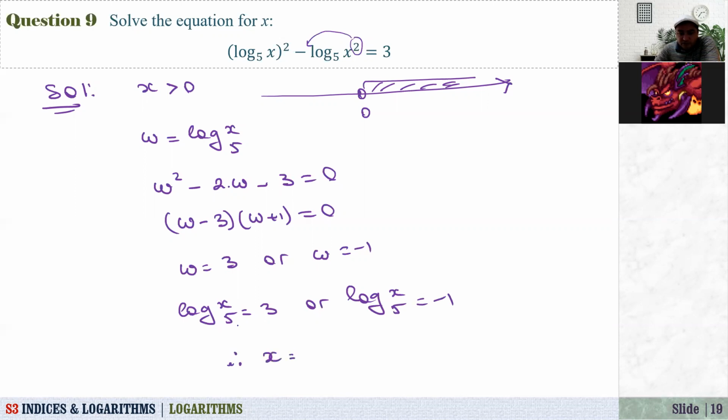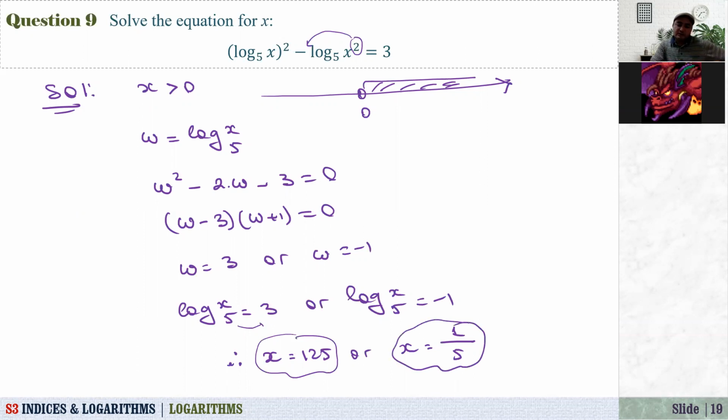So x equals 5 cubed, that's equal to 125, or the second one is 5 to the power of minus 1, that's equal to 1 over 5. So it has two solutions. It is either 125 or 1 over 5. Both are greater than 0, so both are suitable solutions to this equation.